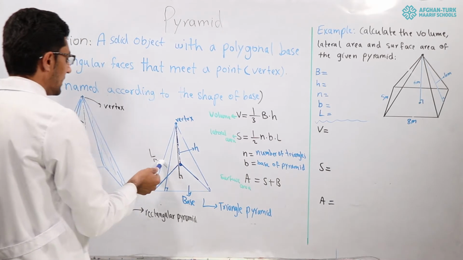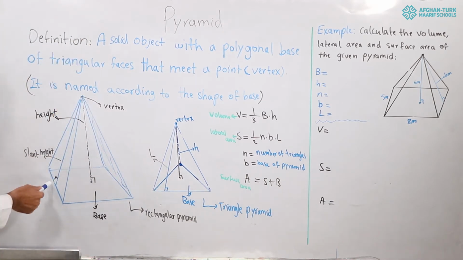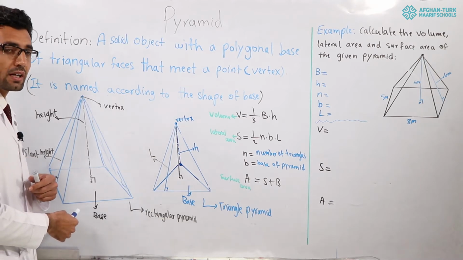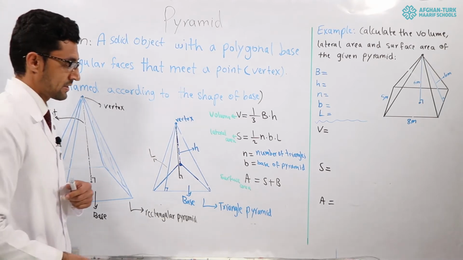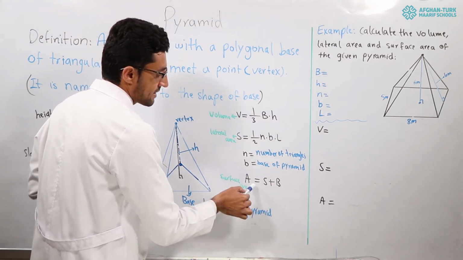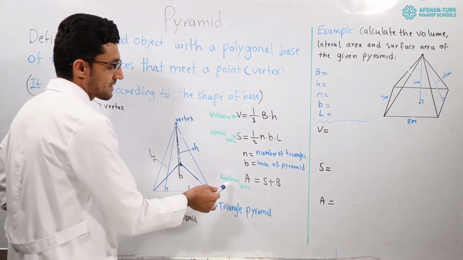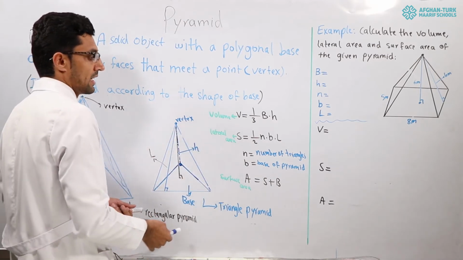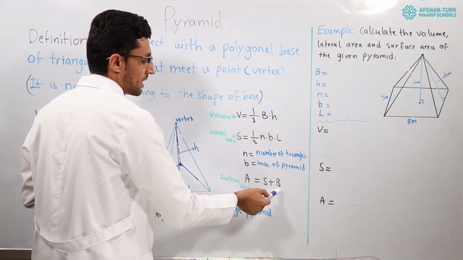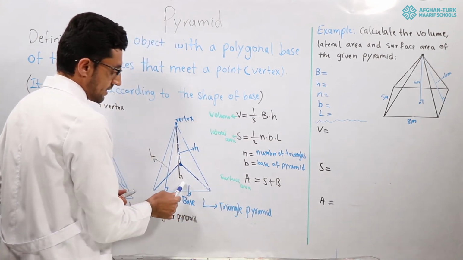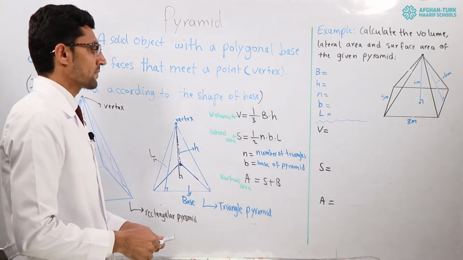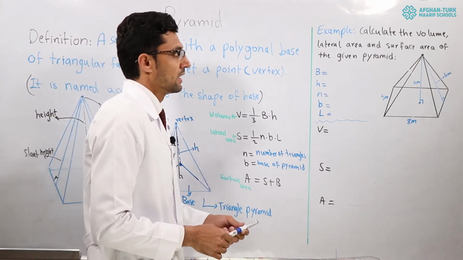Multiply L. L is a line that has 90 degrees with one length of the base. And the last one is A. A is equal to S plus B. What is A? Surface area, total area. It means that if we find S and add the value of B, the base area, then we will have the surface area.